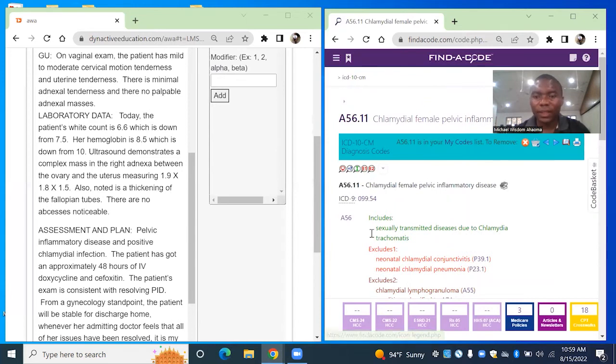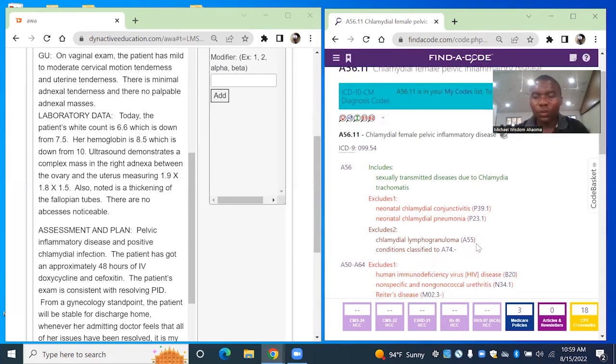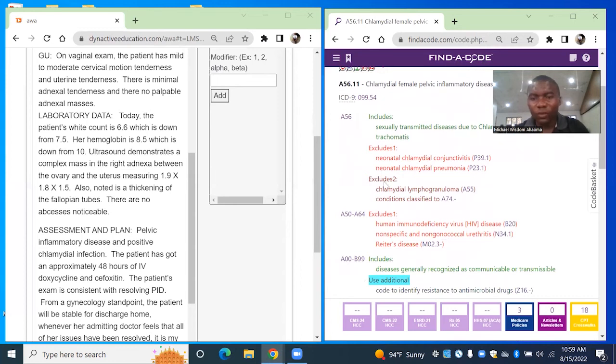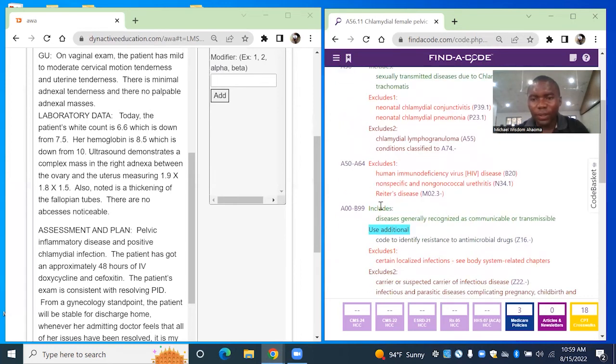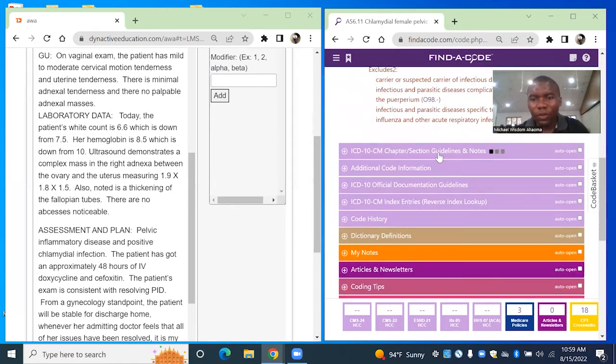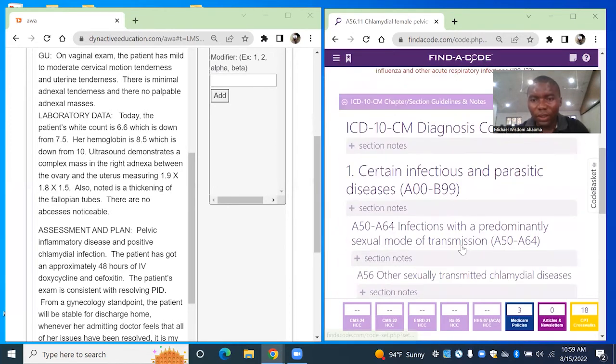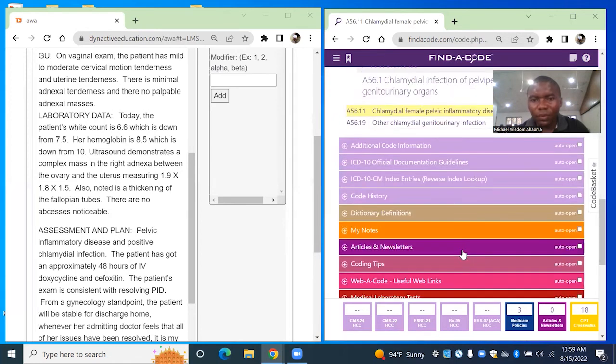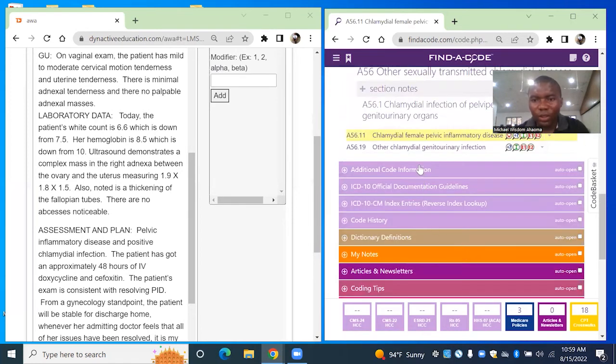Because of this, you have to go through the include notes. They say include sexually transmitted disease due to chlamydia, trichomonas. And then you have to go to Excludes 1 and Excludes 2. Go to the coding guide notes, the chapters, to make sure that you confirm the whole thing here.